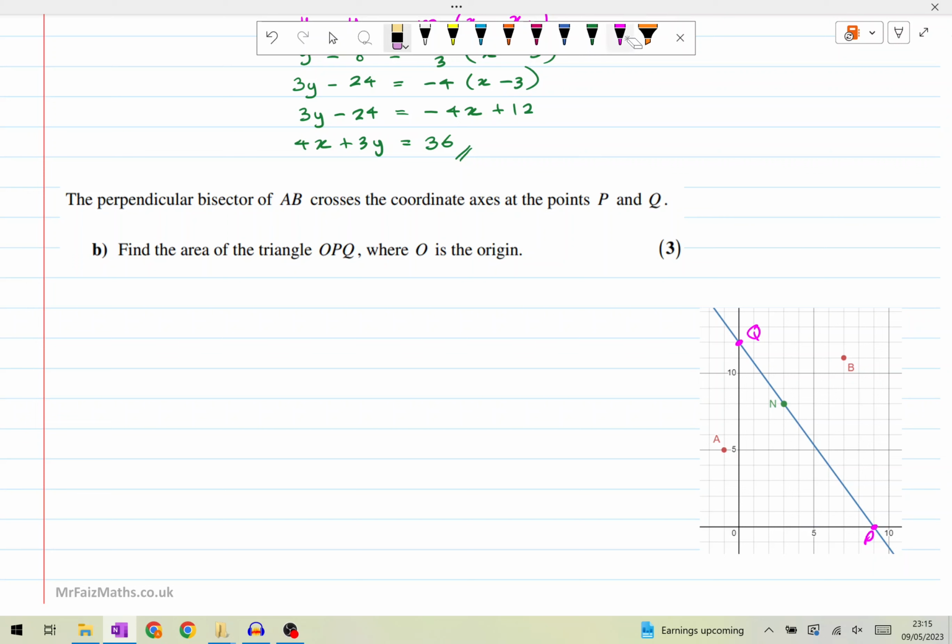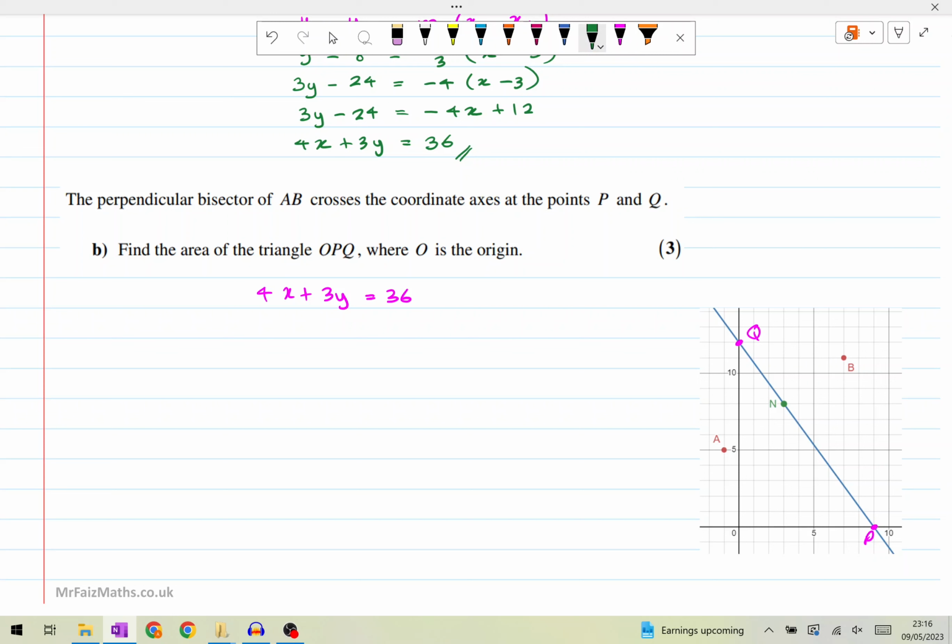What we need to find here first is the coordinates of P and Q. The equation of this blue line, the perpendicular bisector, we already showed in part A is given by 4x plus 3y is equal to 36. Now, if you have an equation in the ax plus by equals c form, the easiest way to find the points where the line crosses the x and y axis is to simply substitute x equals 0 and y equals 0.